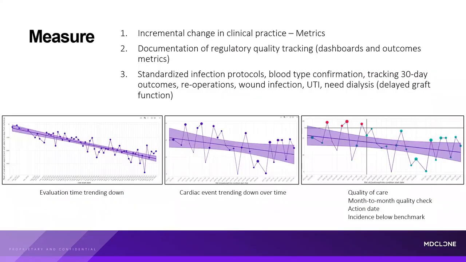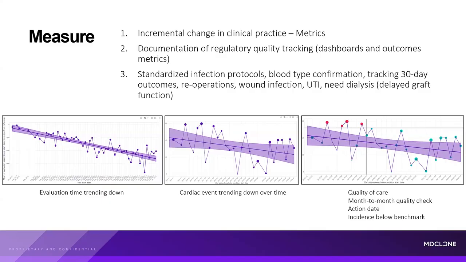So in the measure phase, this is where we marry together documentation of the things that we're doing with long-term tracking and reporting of the changes that we made. Before I mentioned the smart sets, smart phrases, and pre-op testing.